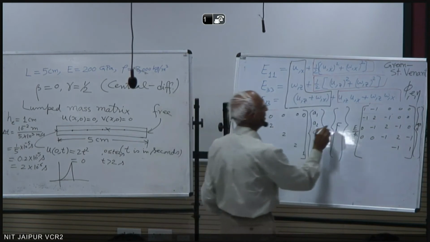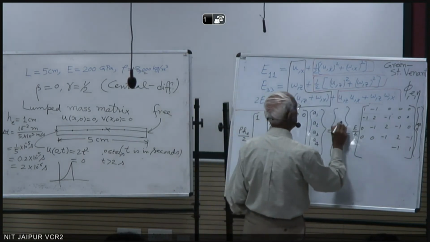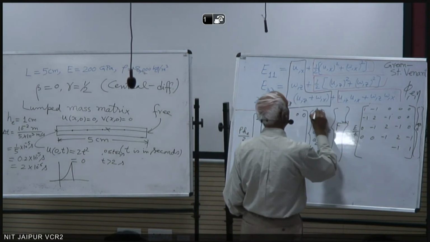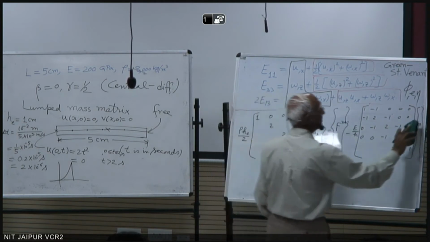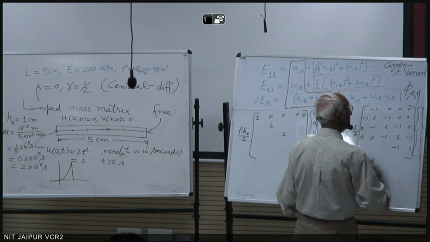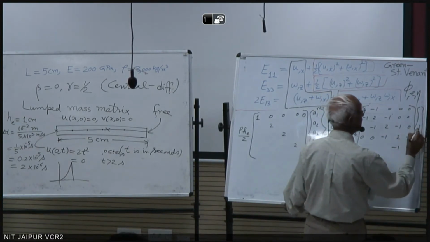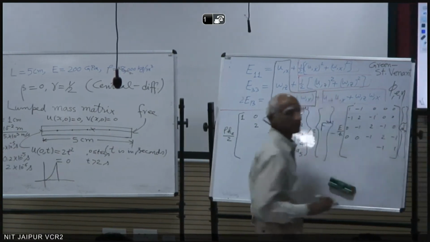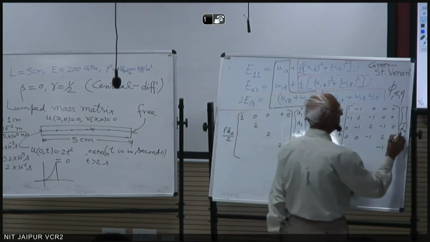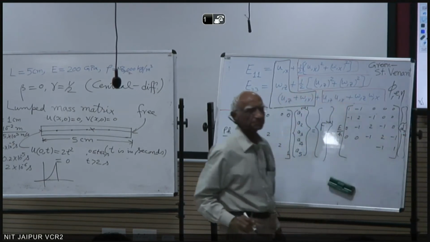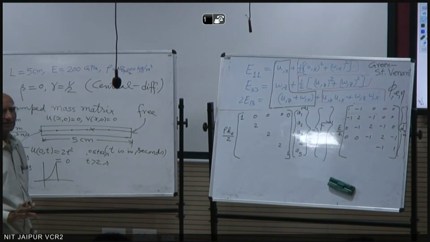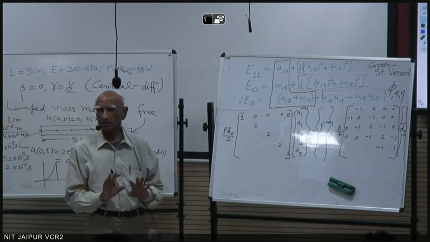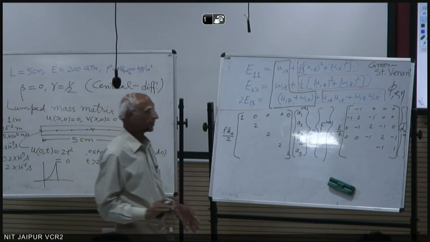So this is n plus 1. This is n plus 1. That is at Dn plus 1 tilde. Right? That is your governing equation. Is it okay?